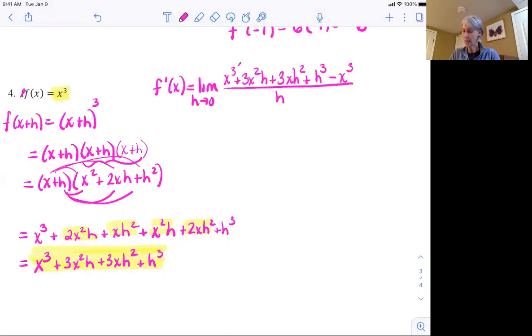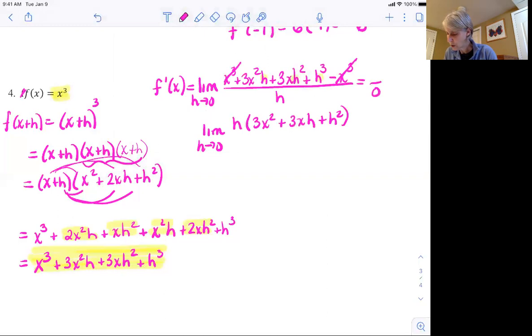I'm going to cancel my x cubes, right? Because I know I'm going to get a 0 on the bottom. I have to clean up the top. The limit as h approaches 0. And if I notice here, I'm going to have an h in each term. So I might as well just factor that out right now. 3x squared plus 3xh plus h squared all over h.